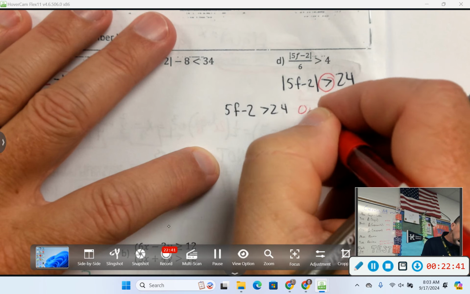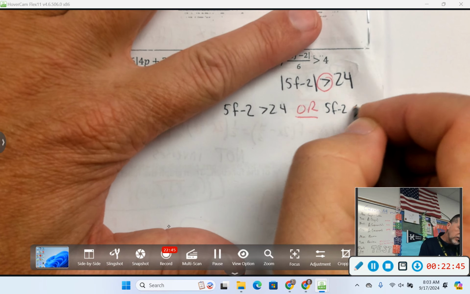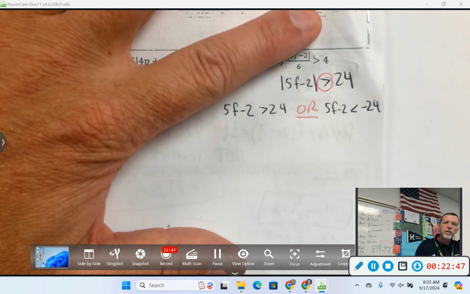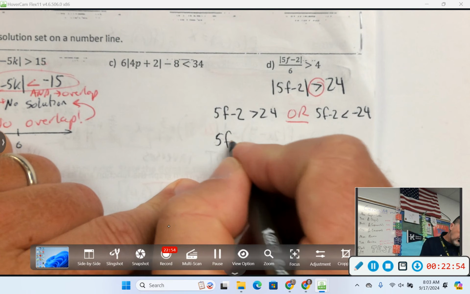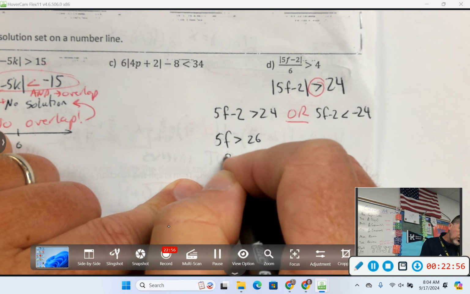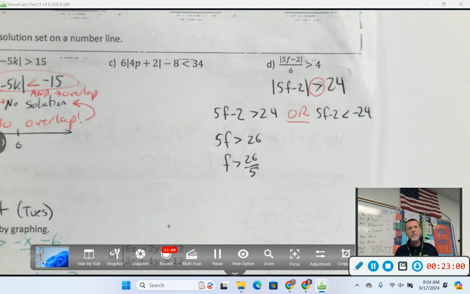Greater, so or 5f minus 2 less than -24. So 5f greater than 26, f greater than 26 over 5.